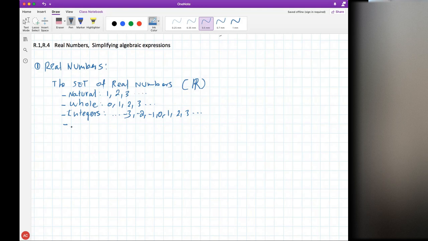Also, the fractions can be written in another form. What is that form? A decimal form. Decimal form, exactly. So the next group is basically what we call rational numbers. Rational numbers basically include decimals and fractions. Decimals and fractions are practically the same thing. The rationals include all of the above.